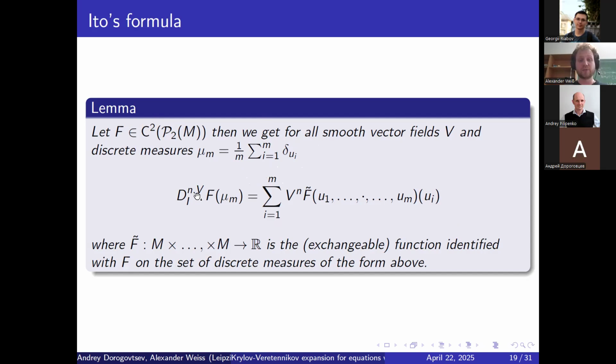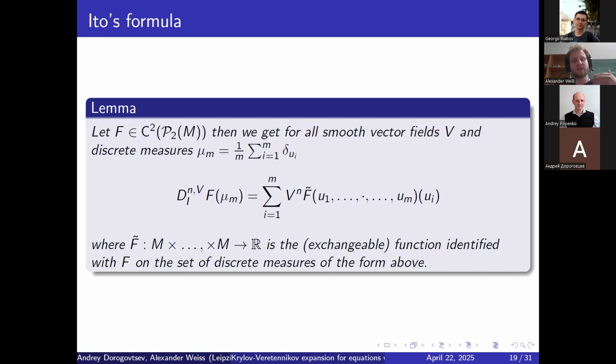So the nth intrinsic derivative in the direction of some vector field at mu m is just applying the vector field n times to our function f tilde, which is the exchangeable function identified with f on the set of discrete measures.